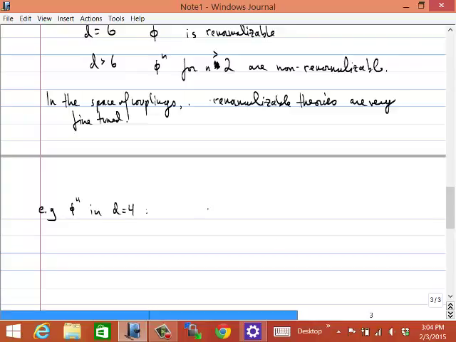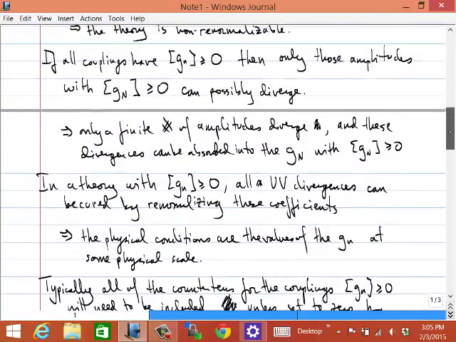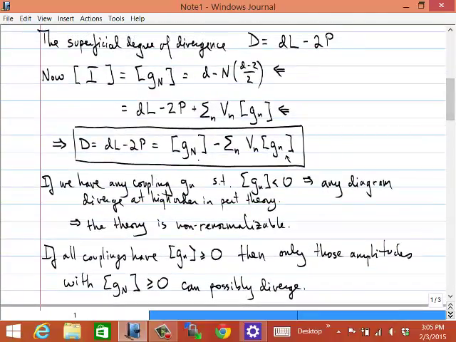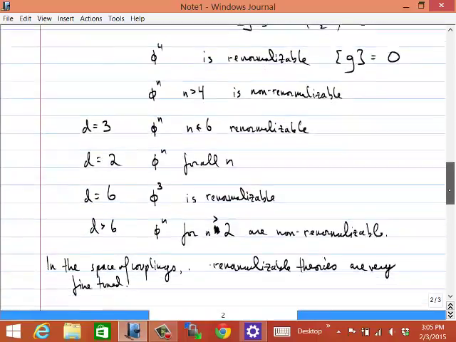And the degree of divergence of a diagram is just G sub n, which is equal to n, so D minus n times D over 2.